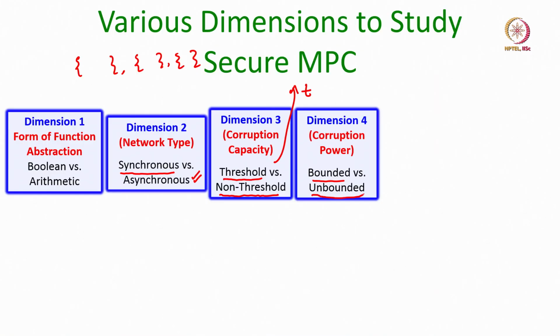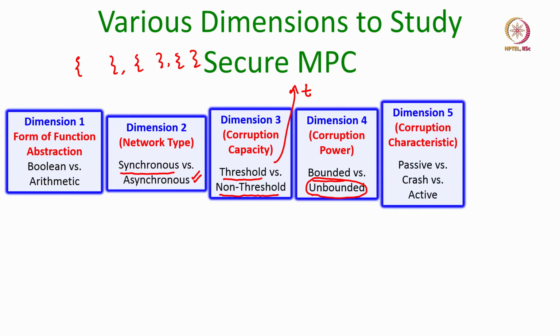So, in some sense, this latter class of protocols provides you everlasting security, because even if some computational assumptions are broken and no longer hold in future, a protocol which is secure against an unbounded adversary remains secure.